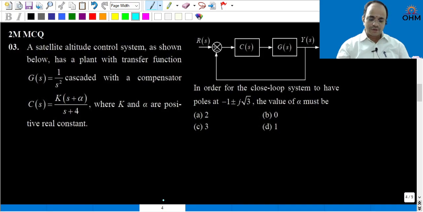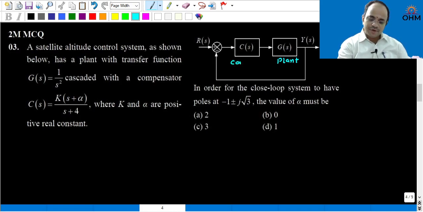Now let us look into the next problem. This question was given for 2 marks as an MCQ. A satellite altitude control system as shown below has a plant with transfer function G(s) equal to 1 by s square. So this is the plant with a compensator.